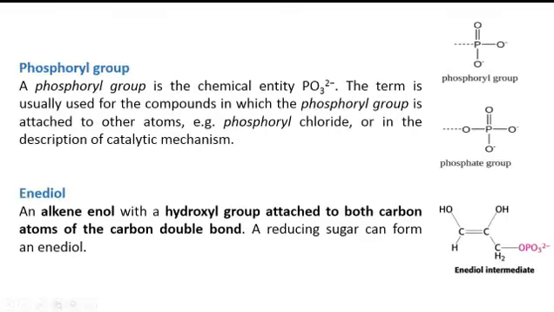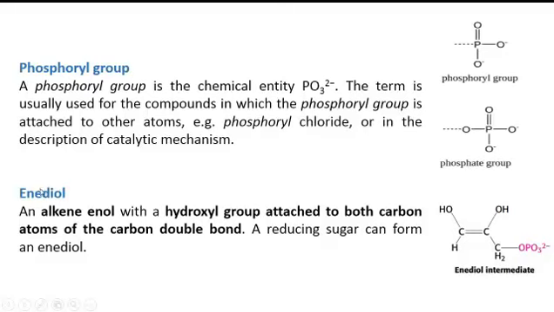Coming to the phosphoryl group, it is the chemical entity with the formula PO3 and valency -2. You might have heard about phosphoryl chloride and other compounds which it makes. Here in the structure you can see that phosphoryl group has a central phosphorus with 3 oxygens around it, whereas phosphate group has 4 oxygens surrounding it.